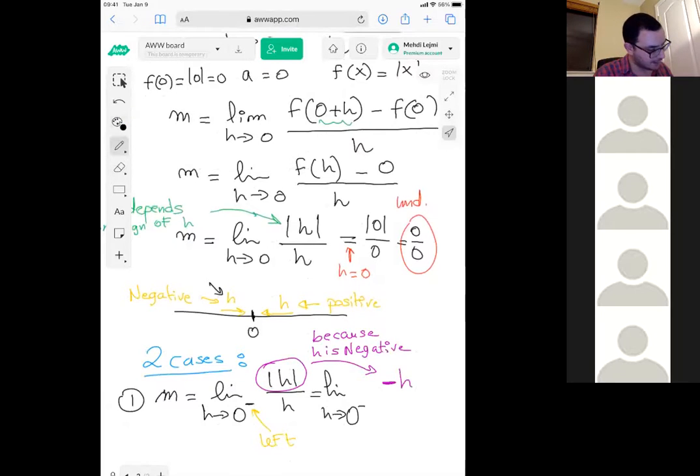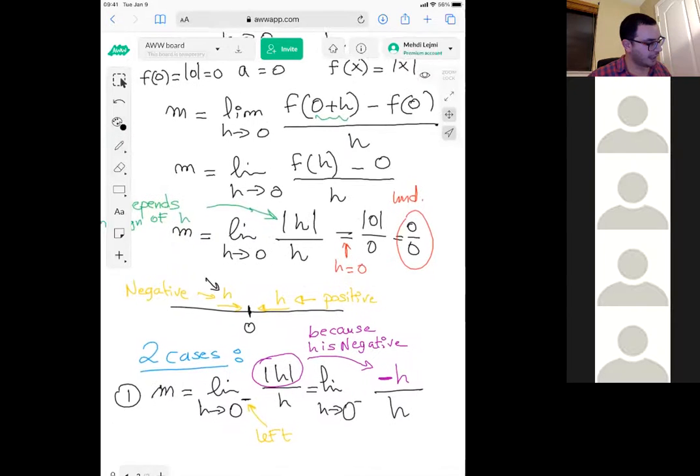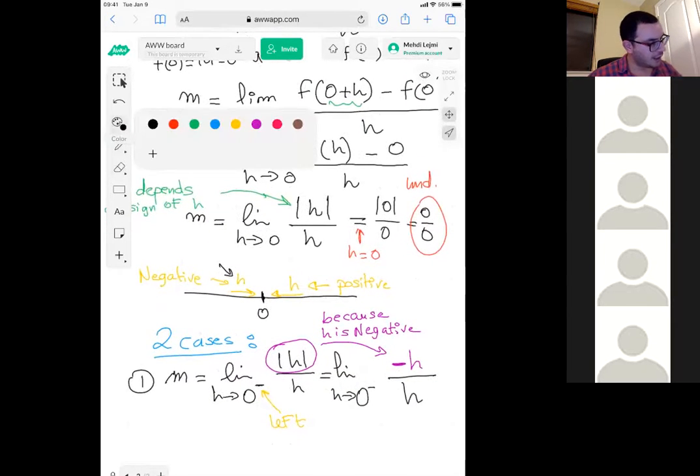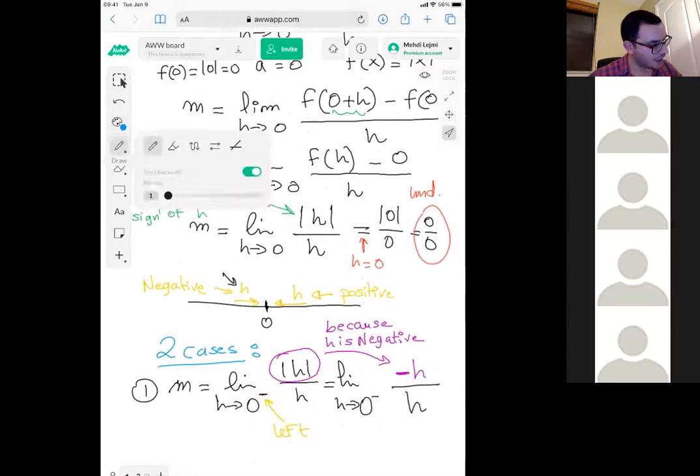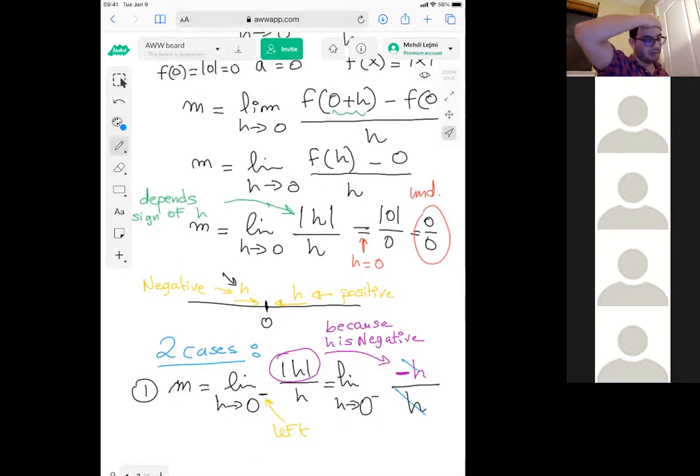Over h. All right, so we're going to have minus h over h. And then the h cancels out. So it's going to be just -1 on the top and 1 on the bottom.